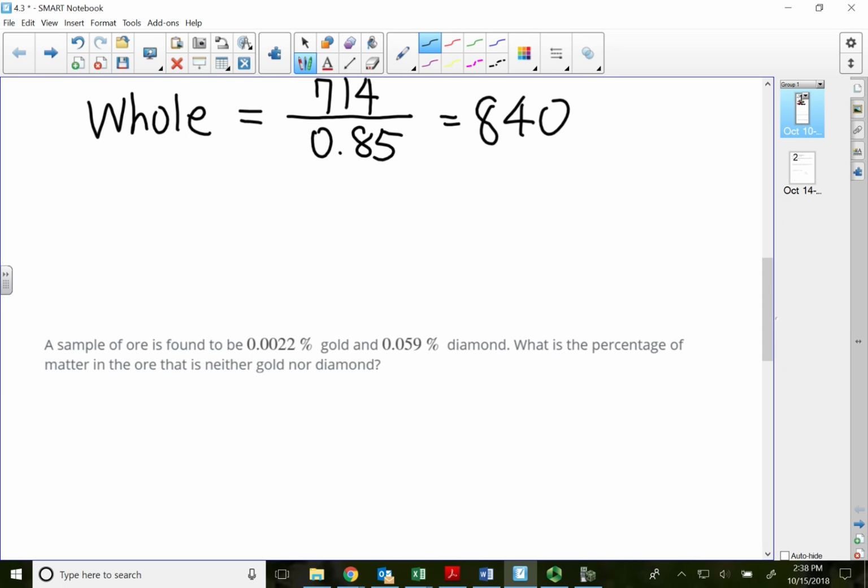The entire ore contains 100% mixture of different metal. What percentage is neither gold nor diamond? We take the 100% minus the gold and minus the diamond.